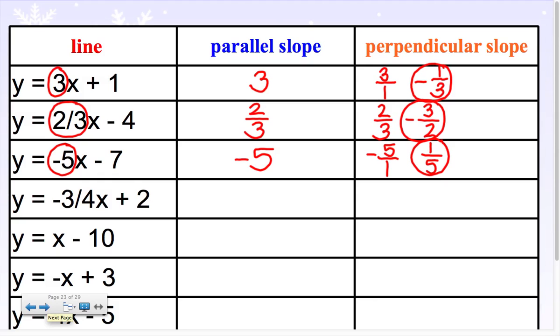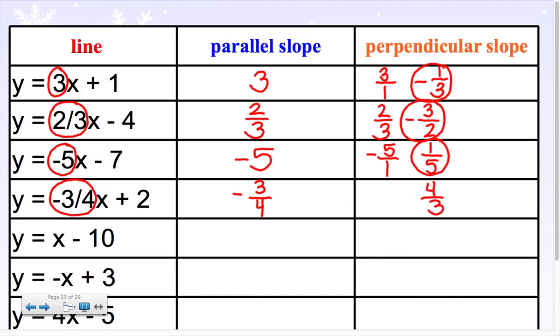Y equals negative 3/4 x plus 2. Parallel line would have a slope of negative 3/4. The perpendicular line would have a slope of 4/3. Y equals x minus 10. This one is always tricky. If there isn't a number in front of our x, look at all the other examples, we had a number in front of the x, which was our slope.